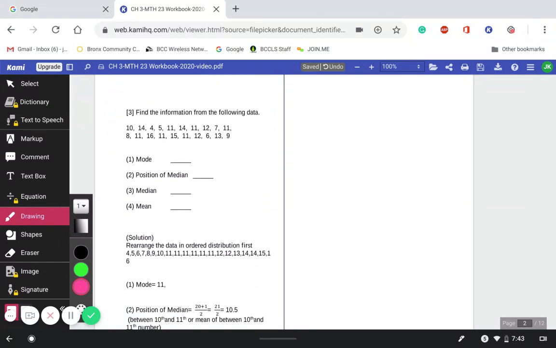Find the information from the following data, 10, 14, 4, 5, 11, 14, and so on. So how many data do I have? I have 2 of each, with 1, 2, 3, 4, 5, 6, 7, 8, 9, 10, 11, 12, 13, 14, 15, 16, 17, 18, 19, 20.